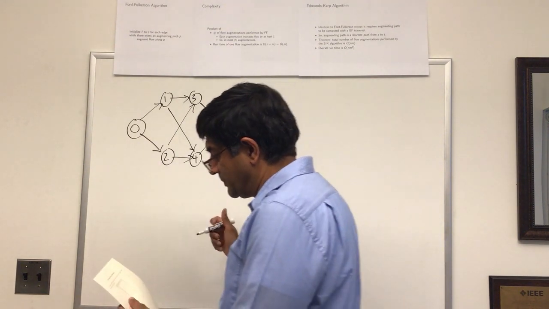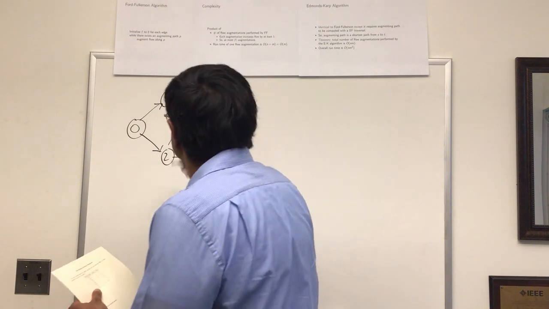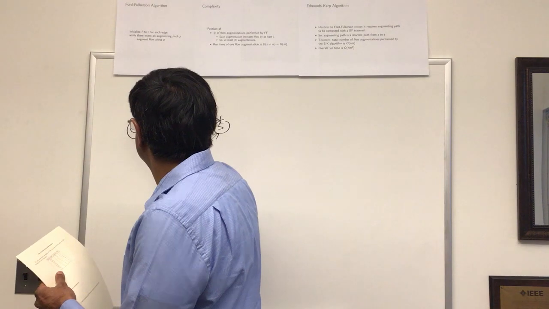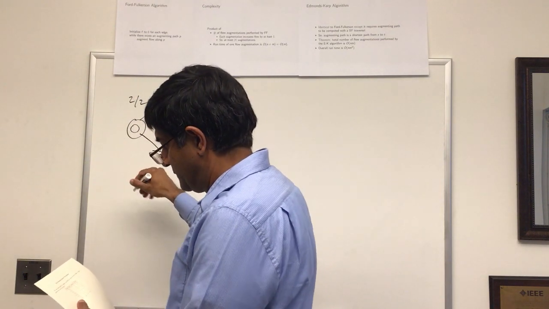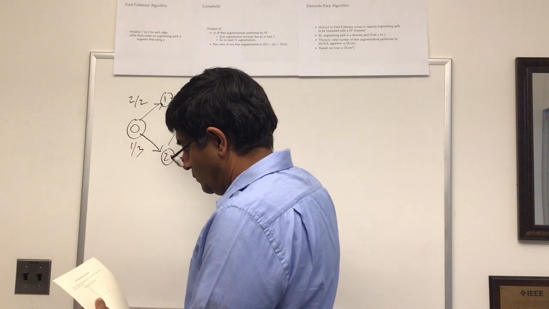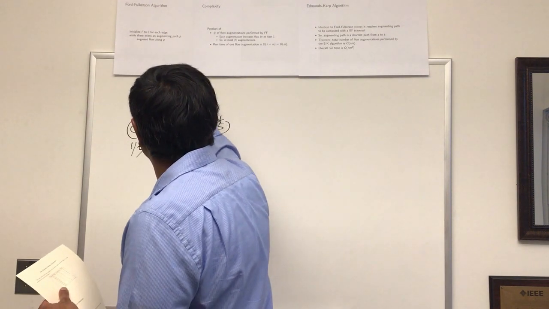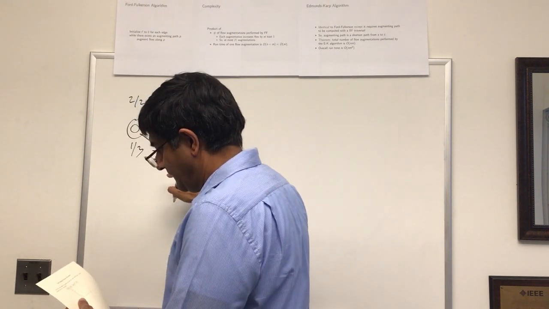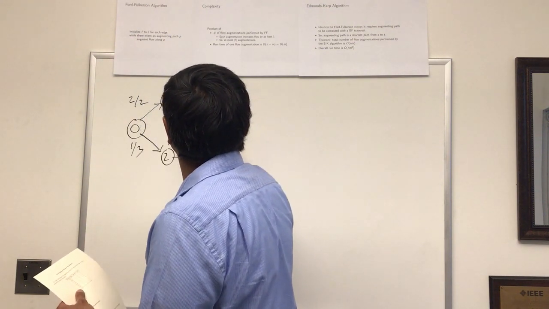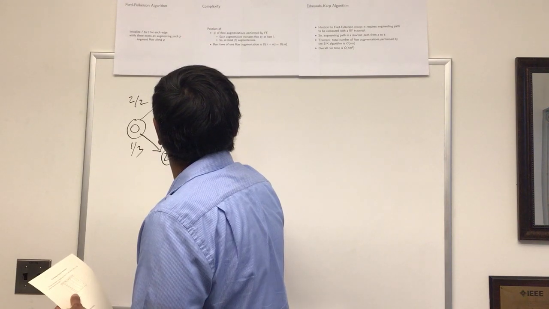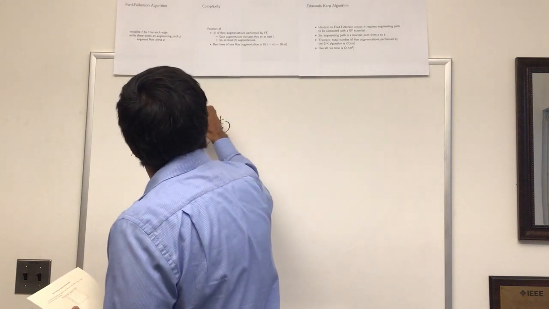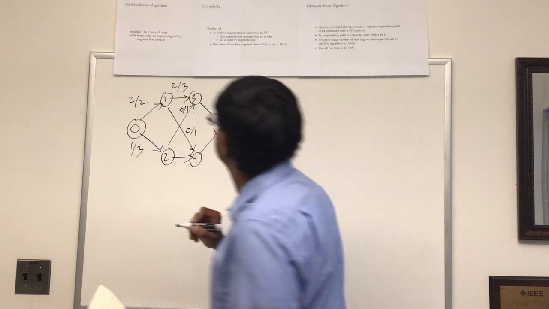We also need capacities and flows on each one. So this is 2 out of 2. This is 1 out of 3. 1, 3 is 2 out of 3. 1, 4 is 0 out of 1. 2, 3 is also 0 out of 1.